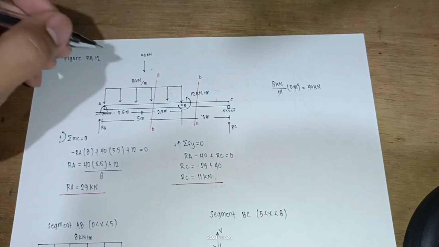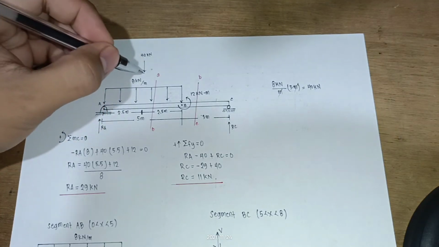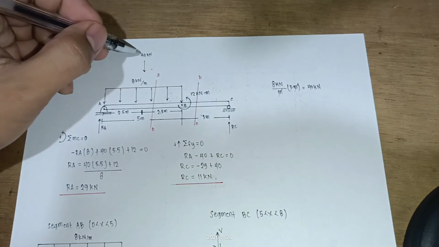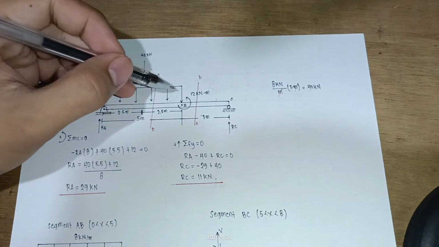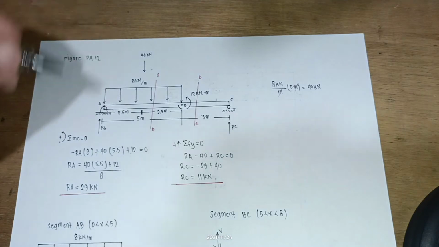So I divided this distance so that I can get the moment for the 40 kilonewtons, plus the couple of 12 kilonewton meter, this is 12.